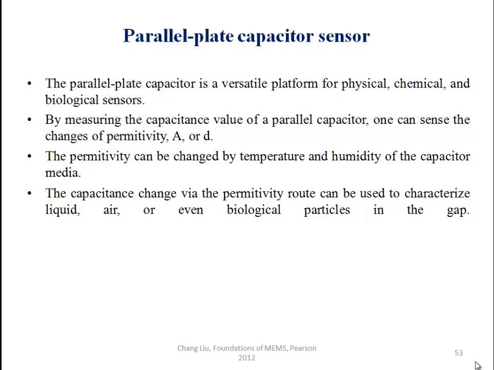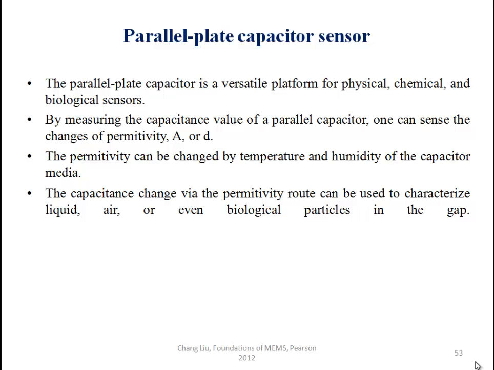Next is parallel plate capacitor as a sensor. So we can use this parallel plate capacitor in many sensors such as biological, chemical or physical sensors. Here, by measuring the capacitance value of a parallel plate capacitor, we can calculate the change in permittivity, area or distance, because the capacitance value is related to these three parameters, that is C is equal to epsilon A by D. So we can change the permittivity of a media by changing the temperature as well as humidity of the capacitor media.